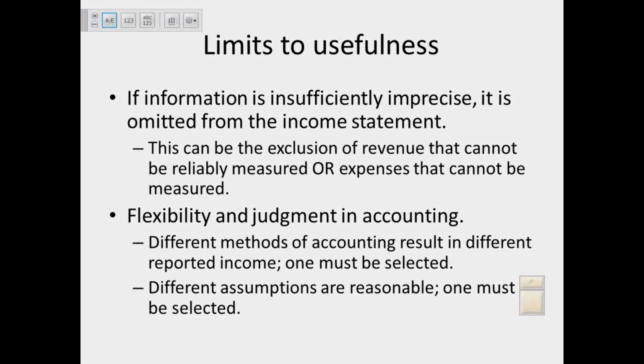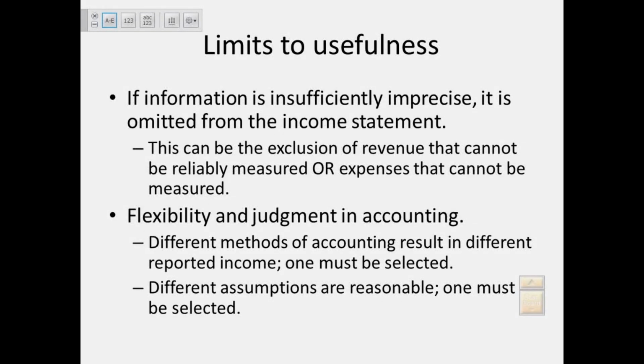Okay, so earnings requires estimates, and anything that requires estimates, of course, is going to have some potential for being inaccurate. It doesn't mean it's deliberately inaccurate. It just means, when you have a forecast, you have some error. Okay, so there's that.